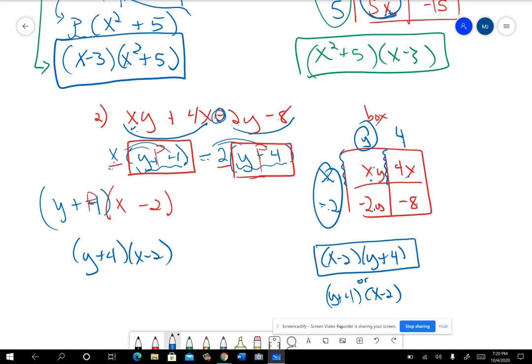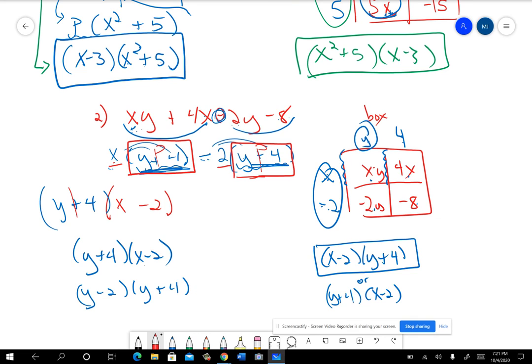And again, it wouldn't have mattered which way you wrote it. This is just typically how it would have happened on this one. So this would have been correct as well. So if that part of seeing the y plus 4 as that common piece, the thing in parentheses has to be common to both, and then you pull it out in front like I did here. Let me erase that a little bit, clean that up a little bit.